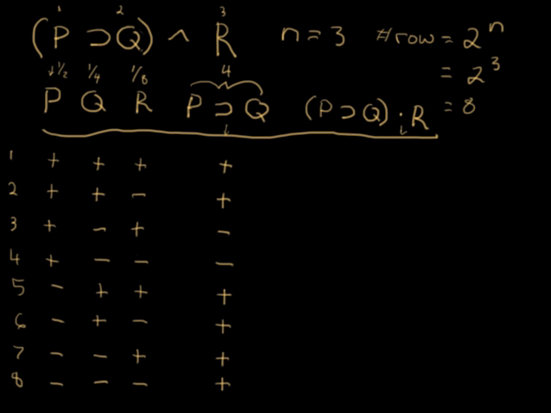Do you remember our AND operator? The AND operator makes the WFF positive if and only if both parts are positive. So we're going to have to look here. This is all positive, so that's positive. Anywhere we see a negative, we know it's a negative, because we saw those negatives. There's a negative there.